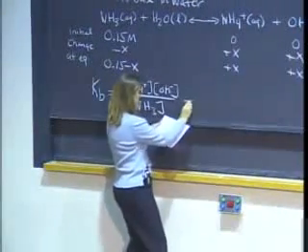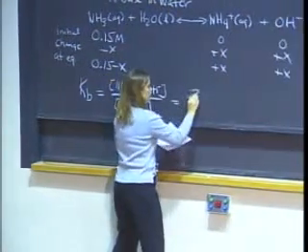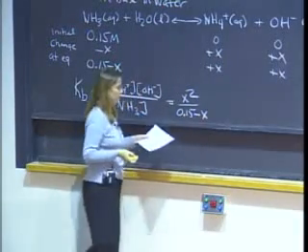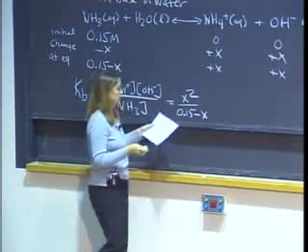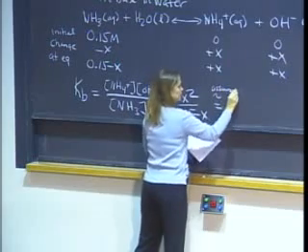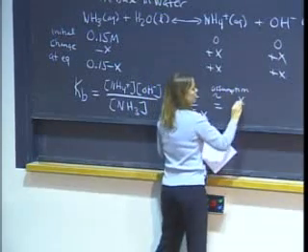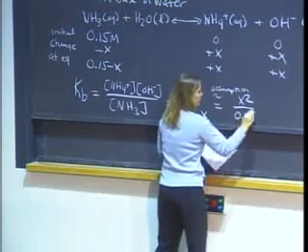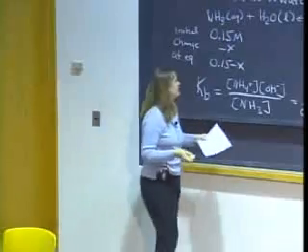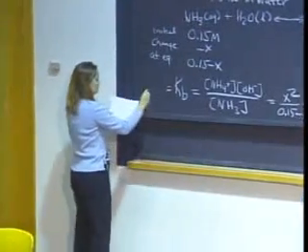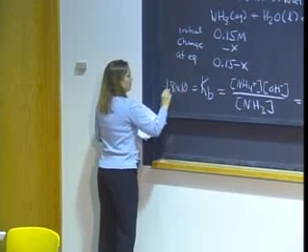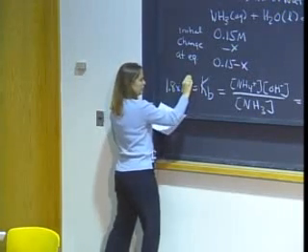So this will be equal to x squared over 0.15 minus x. And we can try this assumption again, that this might be equal to x squared over 0.15. So the Kb is given, and for a lot of the problems, you'll be able to look this up in your book, of 1.8 times 10 to the minus 5.